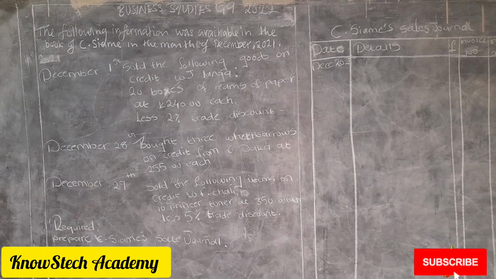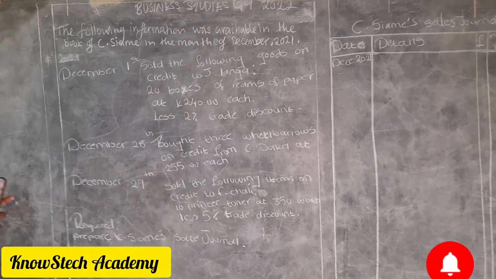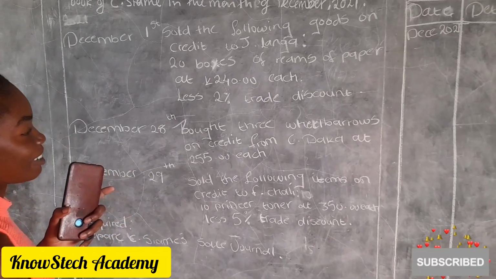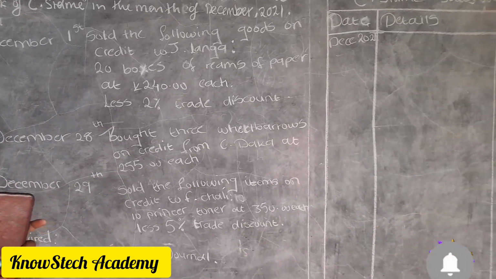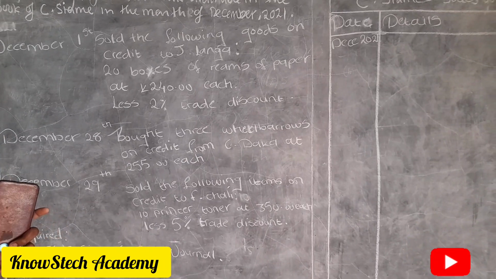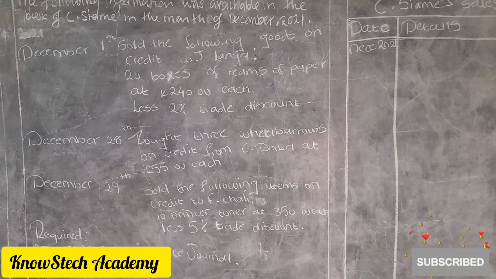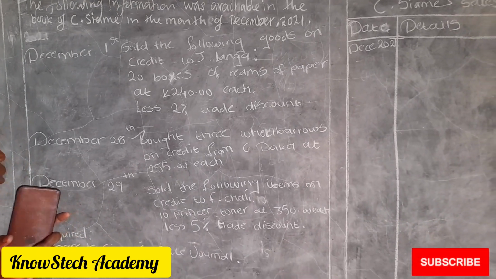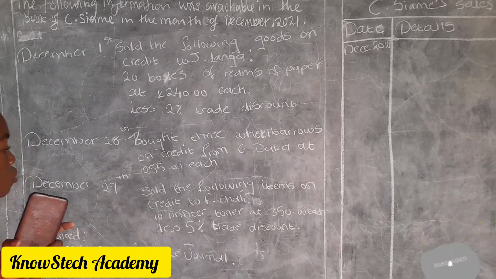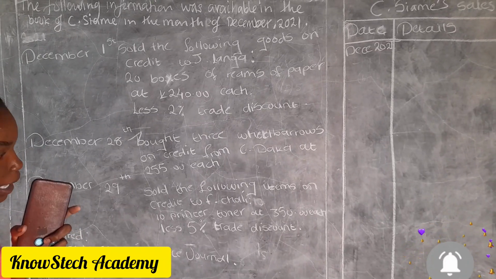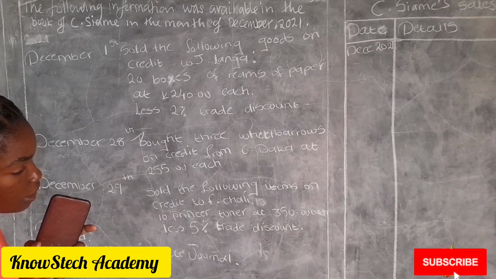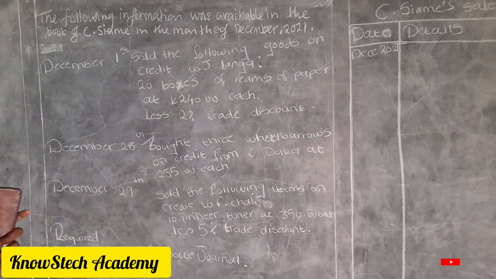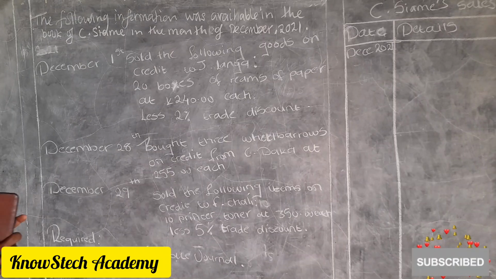The second transaction took place on December 28th: bought 3 wheelbarrows on credit from C. Dhaka at 255 each. The third transaction took place on December 29th: sold the following items on credit to F. Charlie, 2 printer toner at 350 each, less 5% trade discount. Required: prepare CCMA sales journal.